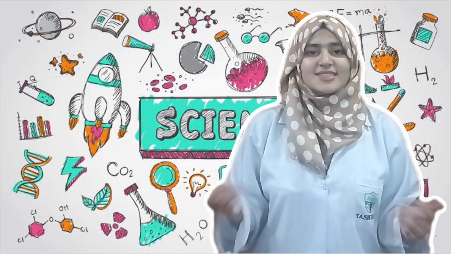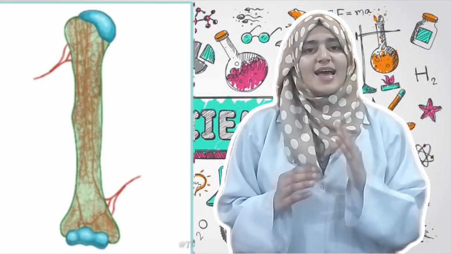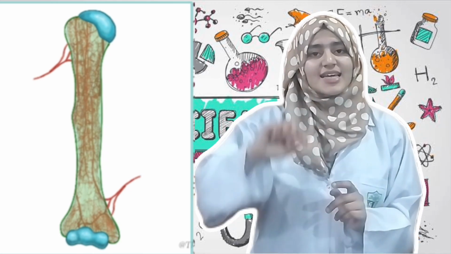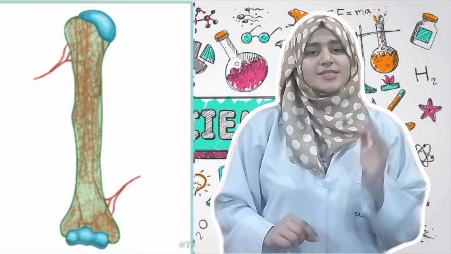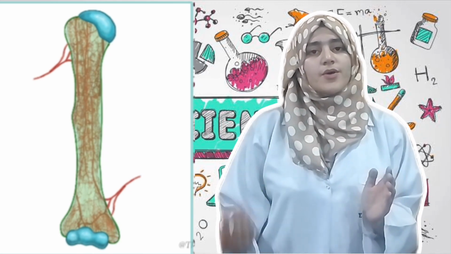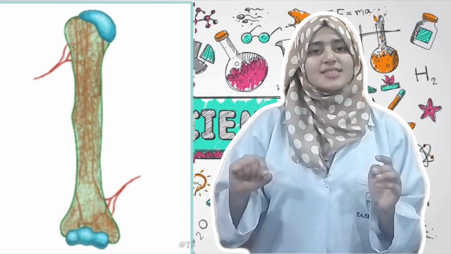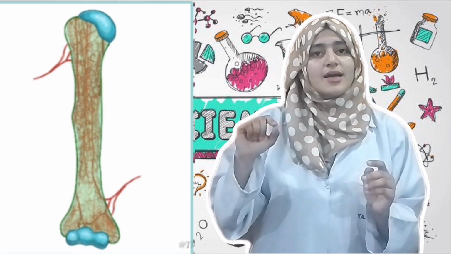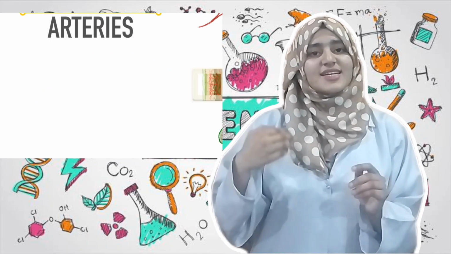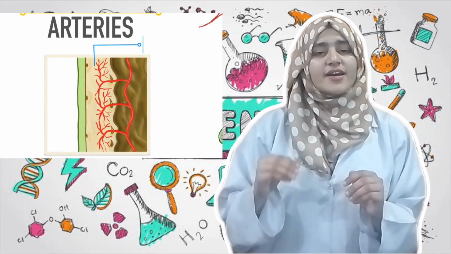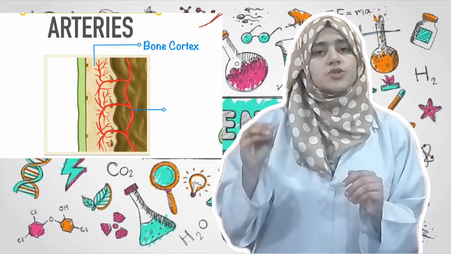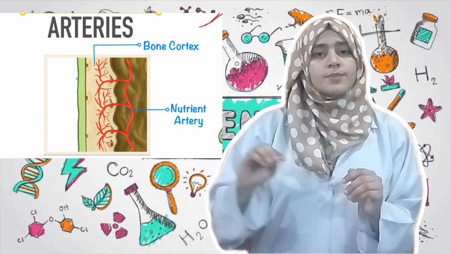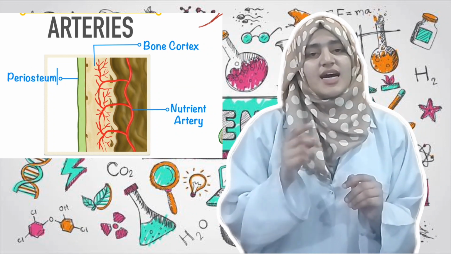What is aponeurosis? Aponeuroses are thin connective tissues which help the muscles to connect with the bones. At the attachment sites of aponeurosis, the periosteal arteries enter into the periosteum and it further extends and enters into the bony tissue of the diaphysis through Volkmann's canal.